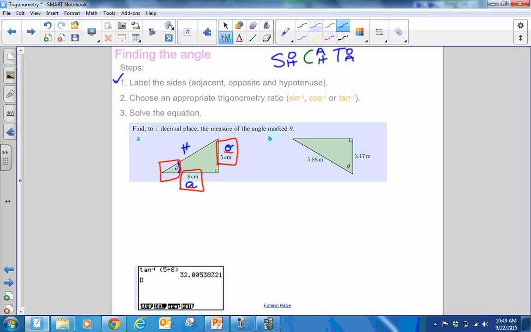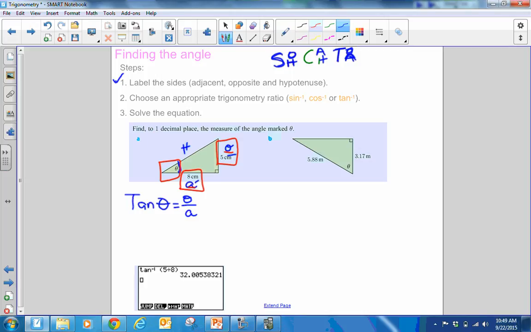Sine uses opposite and hypotenuse, that doesn't work. Cosine is adjacent over hypotenuse, doesn't work. But tangent works, because it's opposite over adjacent, and that's what I have here. So tangent of the angle is equal to opposite over adjacent.